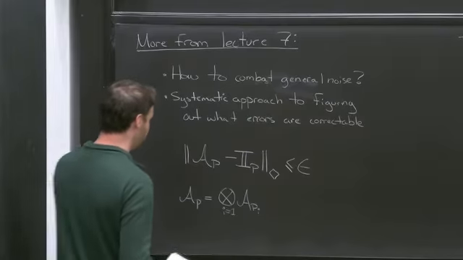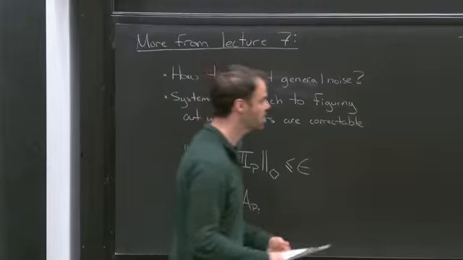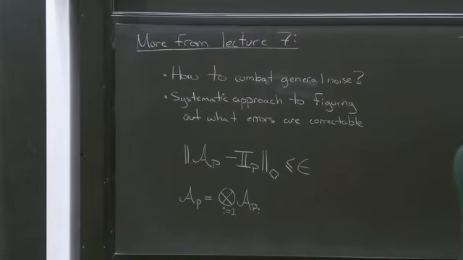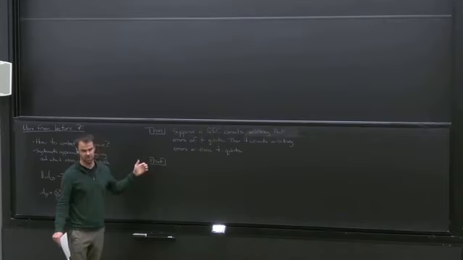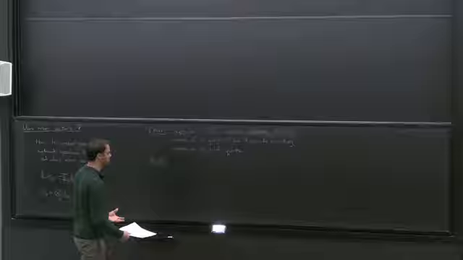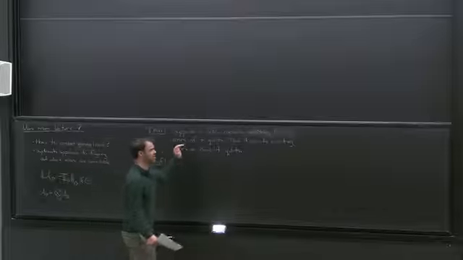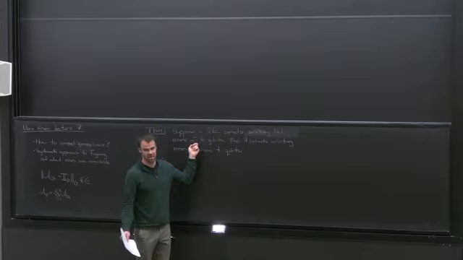Okay, so how can I combat this kind of noise? The first step towards doing that is that we want to move from correcting Pauli errors to correcting arbitrary errors. But we're still going to restrict to some subset of the qubits. So we say, I can correct Pauli errors on t qubits, where t is maybe less than n, and I'm encoding into n qubits.